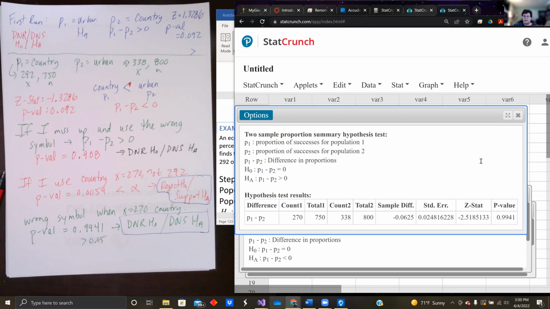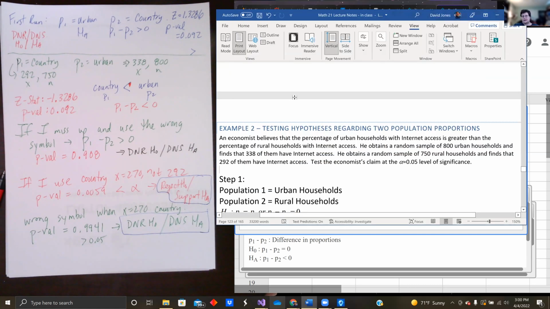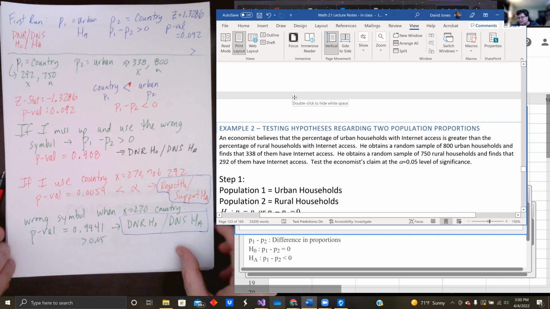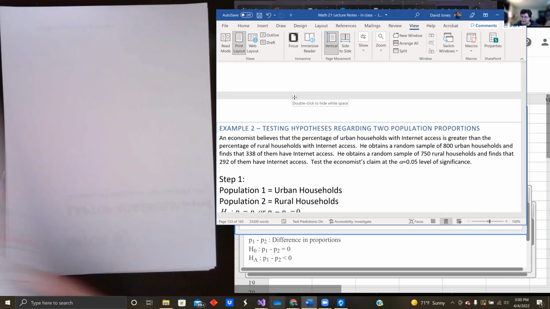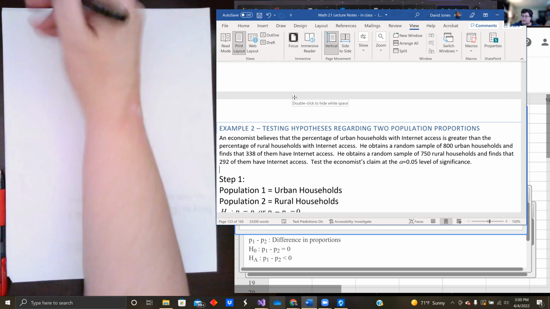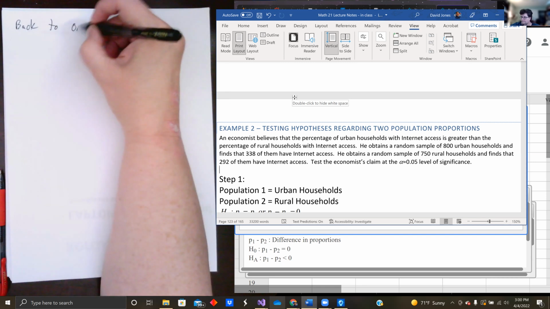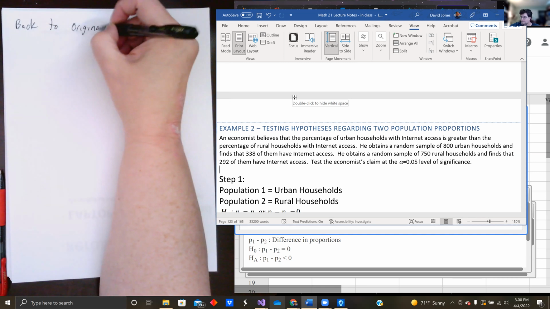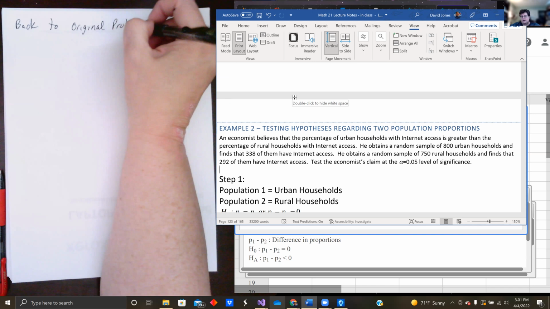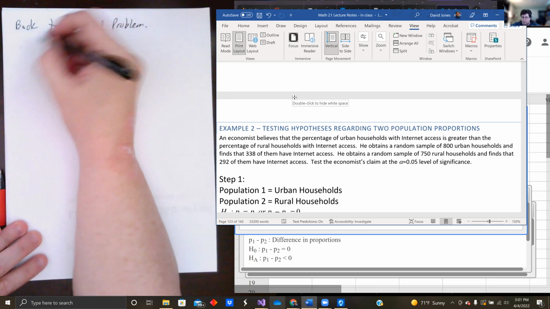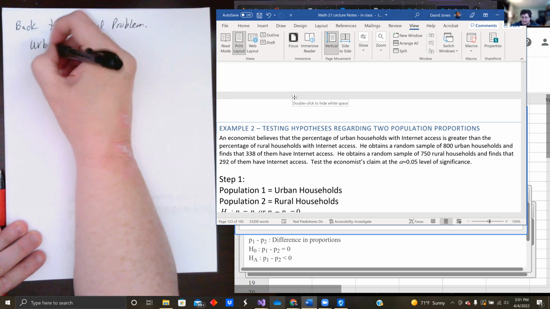Okay. There was something else I should have done with this problem and I didn't do it. And I regret not doing it. So we're going to go back and do it right now. So back to the original problem. For urban, I'm just rewriting down what I had.